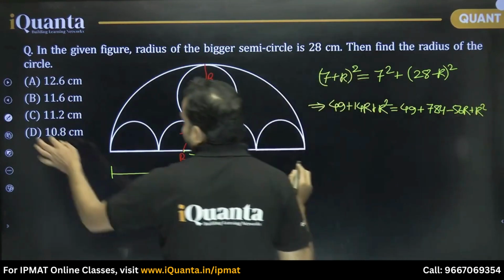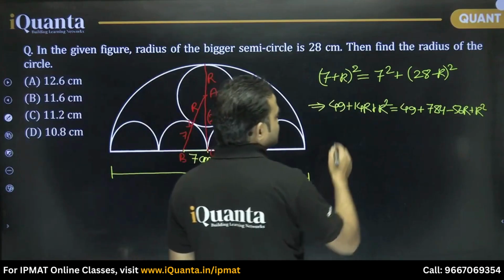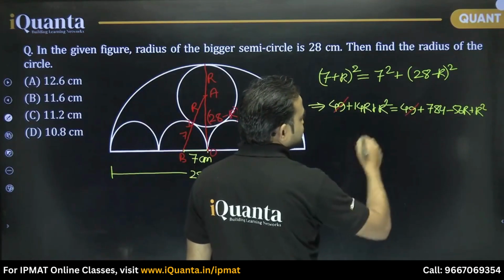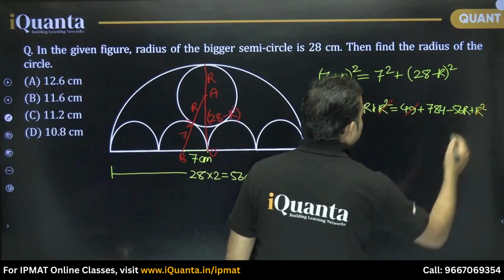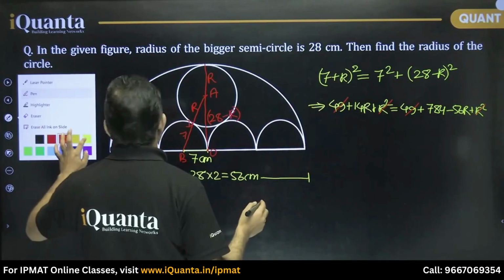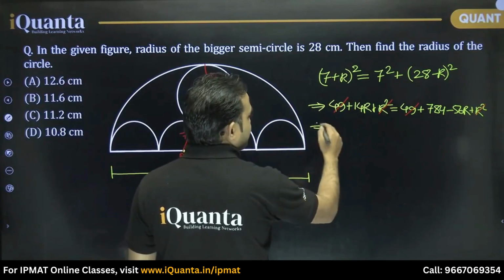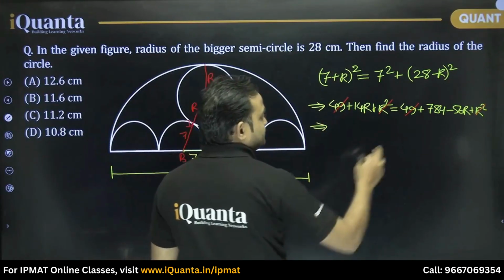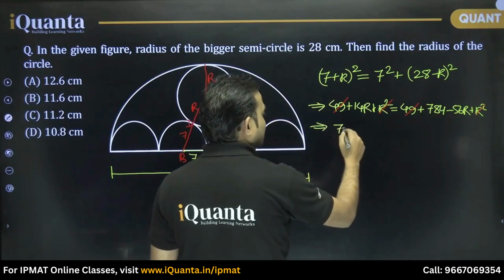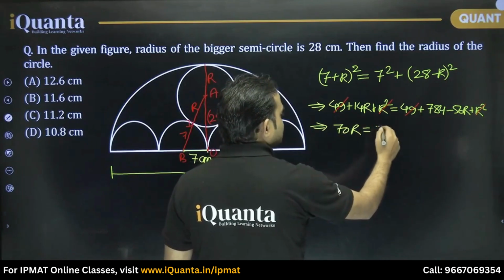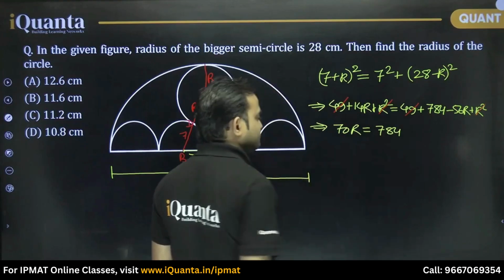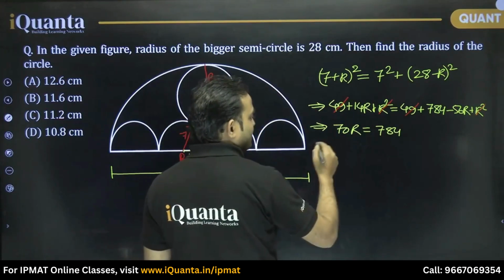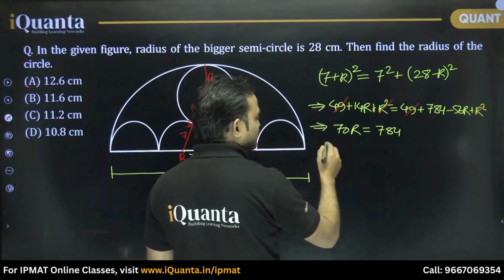Now in that case, we can cancel out a few terms: 49 cancels out, R square cancels out, so we can say that 70R is equal to 784. And if we divide it by 7, what do we get?